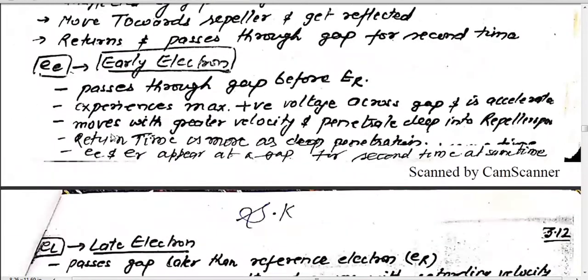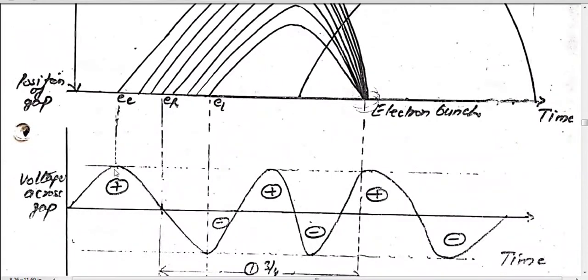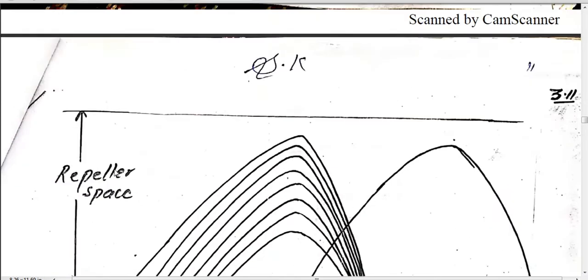So this experiences maximum positive voltage across the gap and is accelerated. Now, because we have the maximum value here, it is going to velocity modulate the electron generated by the electron gun and passing this gap.